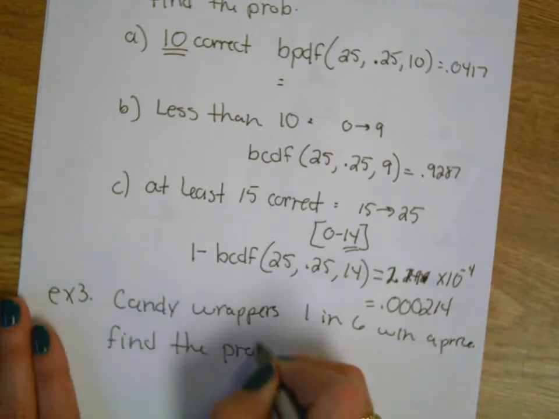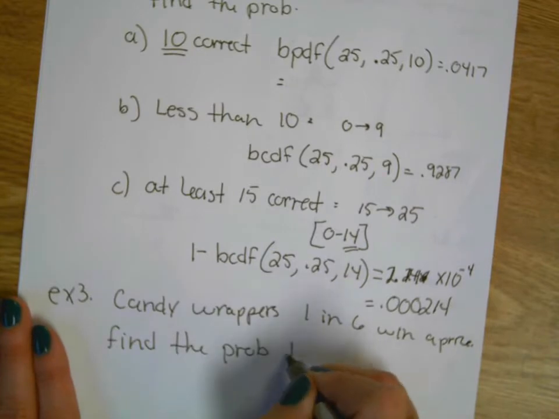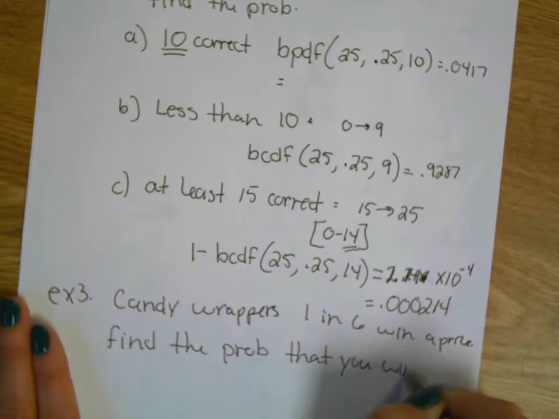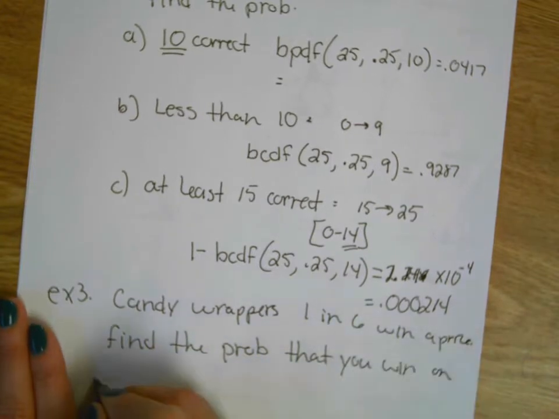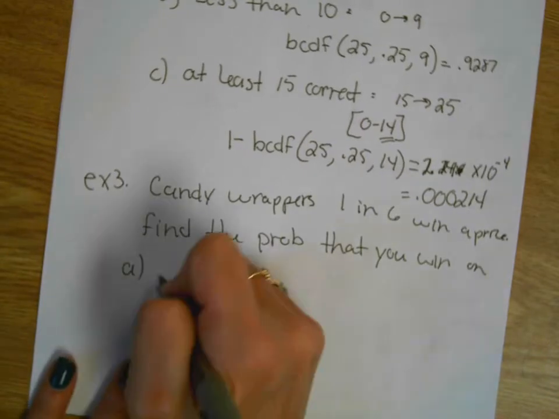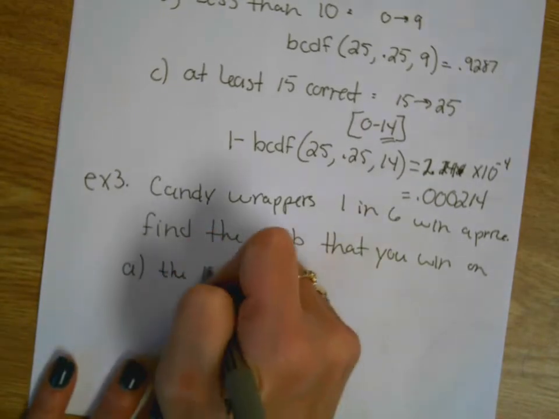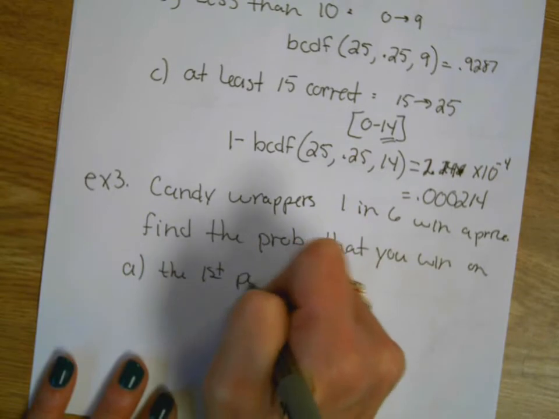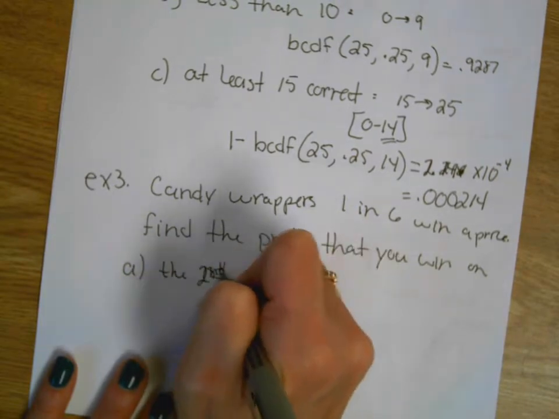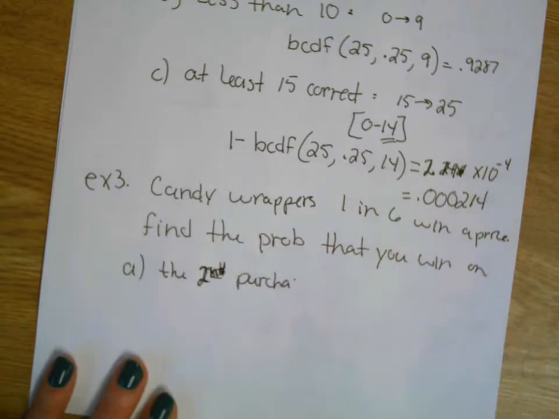Find the probability that you win on the first purchase. Now let's go to the second purchase. What is that word after win? Win a prize.